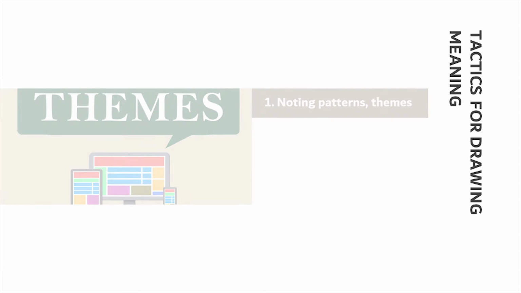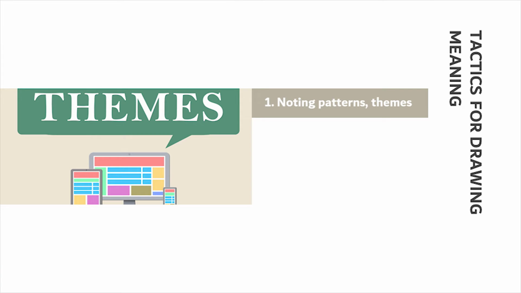1. Noting patterns. When working with the text or initial display, you might find repeated patterns or themes that merge many separate pieces of data. Pattern finding is suitable for use when the case or data is massive.